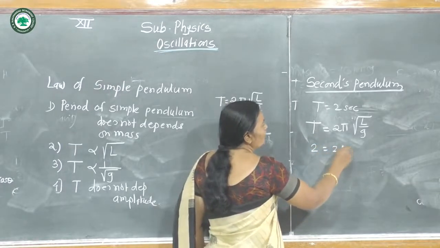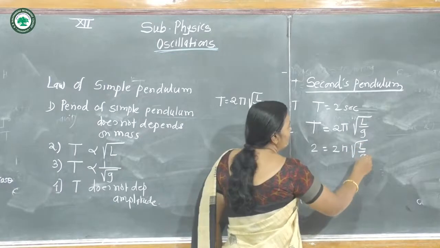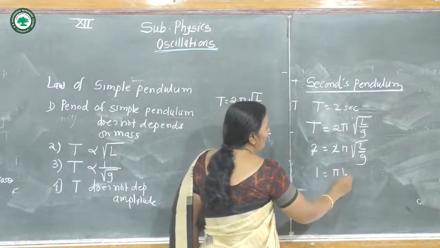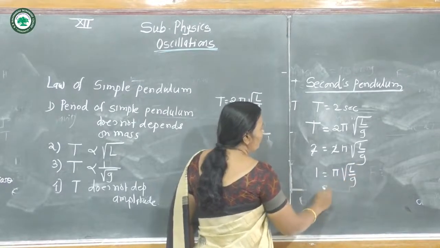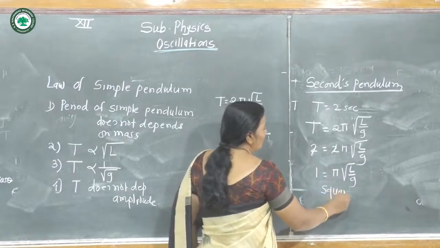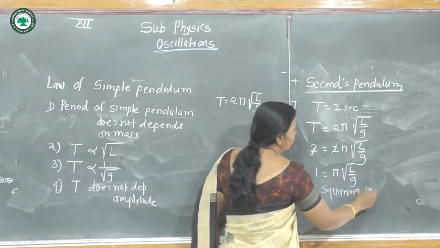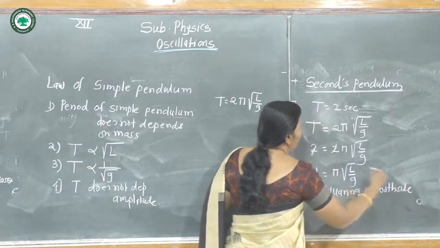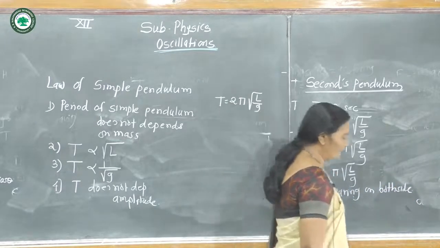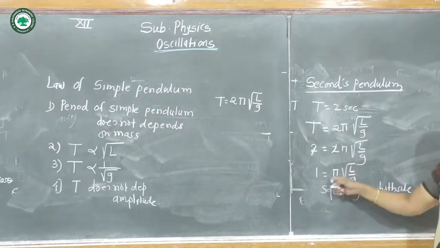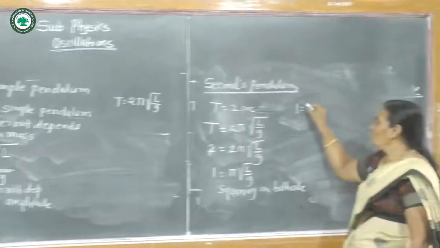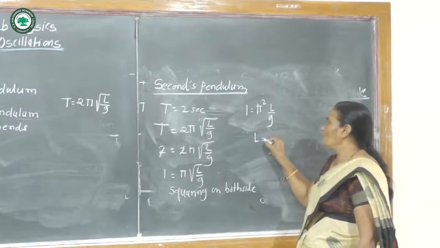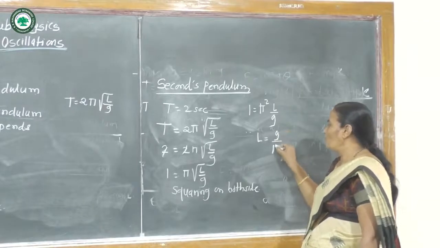We get 2 is equal to 2 pi under root L upon G. 2 cancels, we get 1 is equal to pi under root L upon G. Squaring on both sides, we get 1 square is equal to pi square L upon G. Therefore, L is equal to G upon pi square.